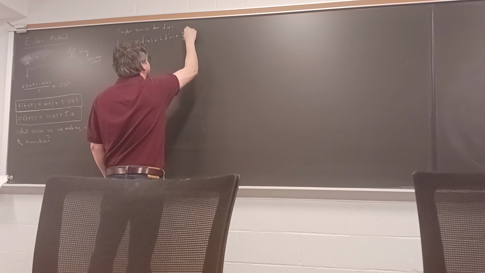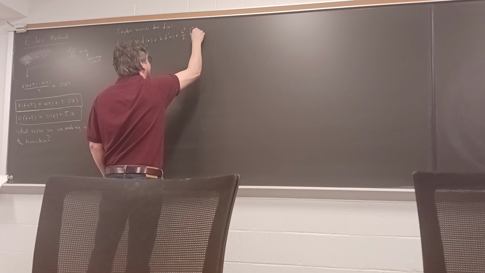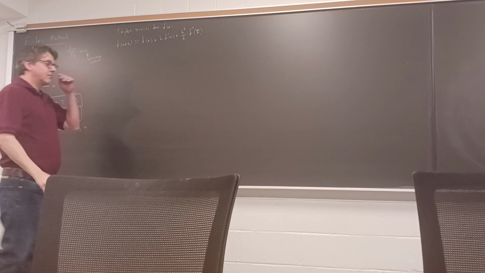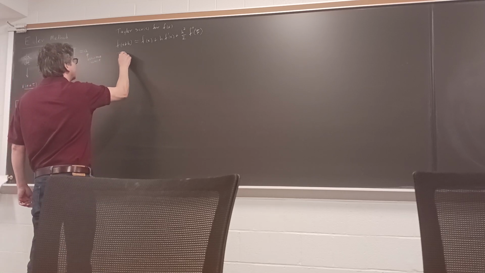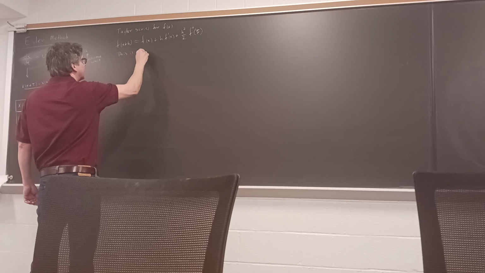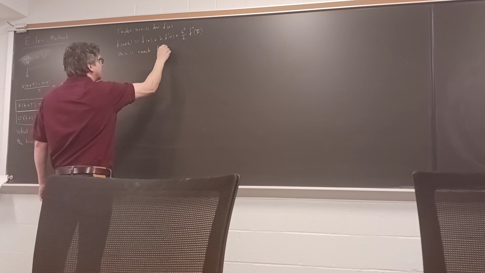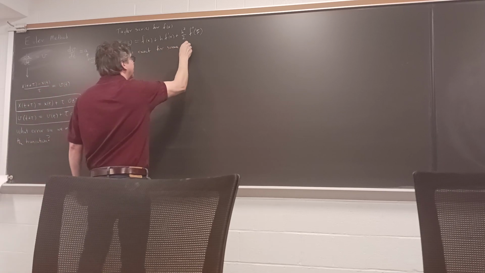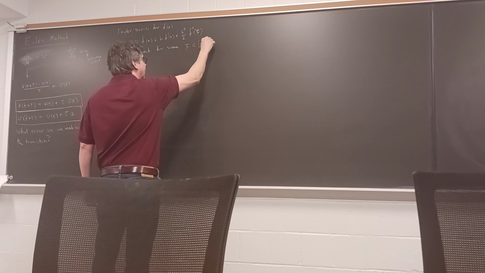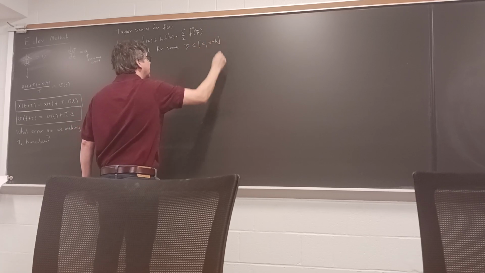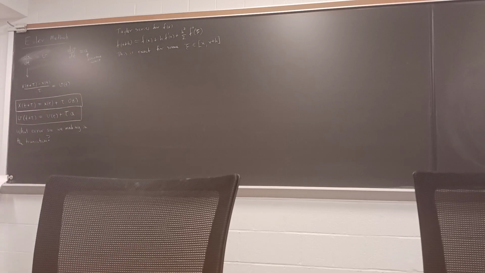And now I'm going to write this as f double prime of zeta. Okay? And I can truncate this formula. This is exact for some value of zeta that's in the range x and x plus h. Okay, so that's an exact formula. We're still going to truncate it.